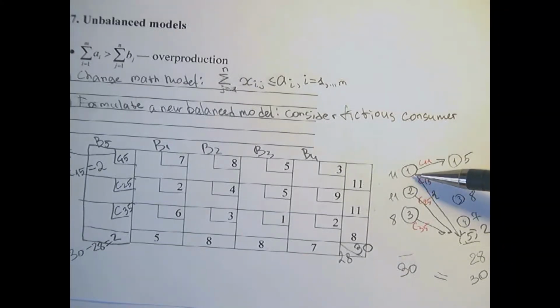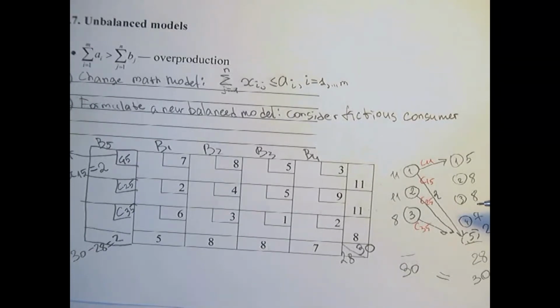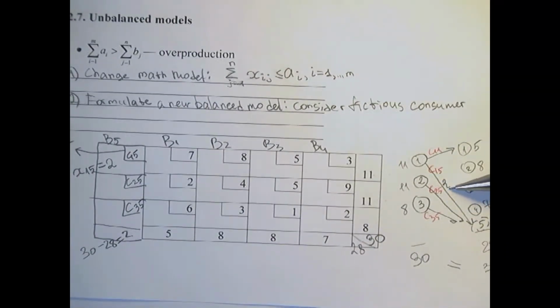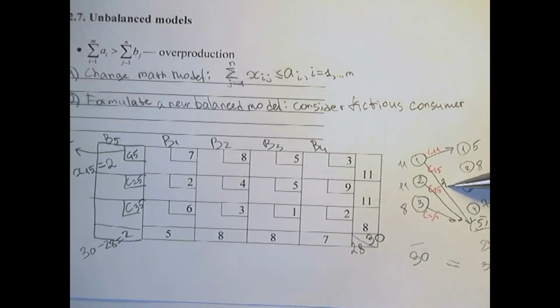We cannot deliver two chocoboxes to a fictitious customer, obviously. But what should we do with these two chocoboxes in the real case? It means that we keep these two chocoboxes at the first supplier's warehouse.